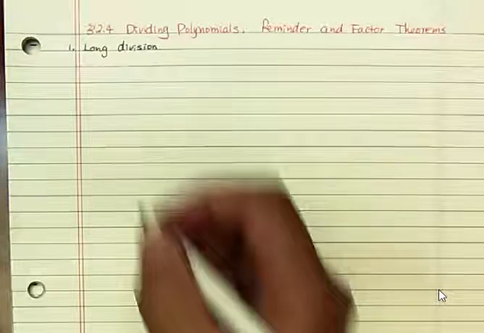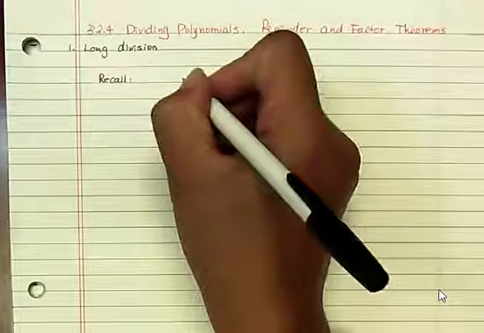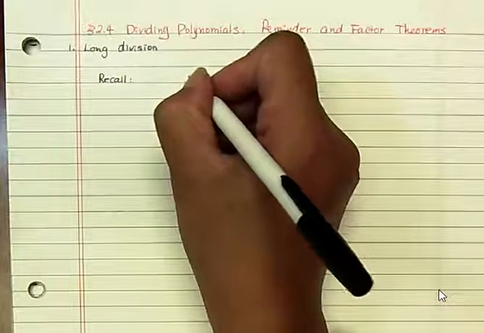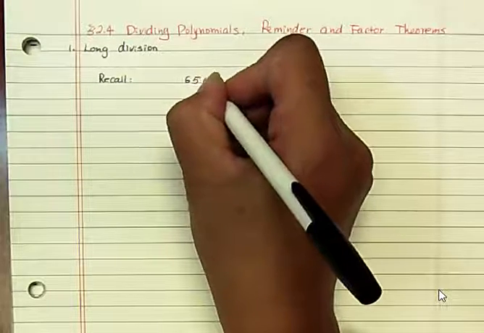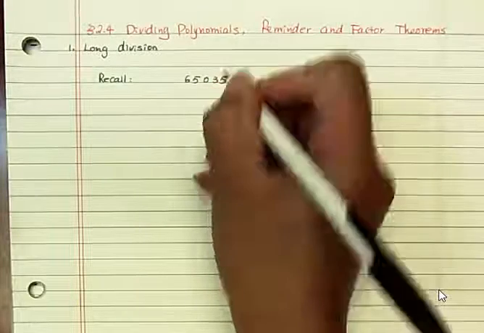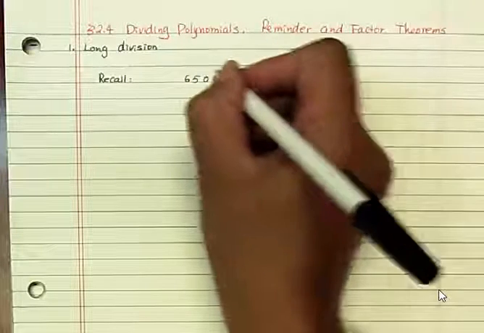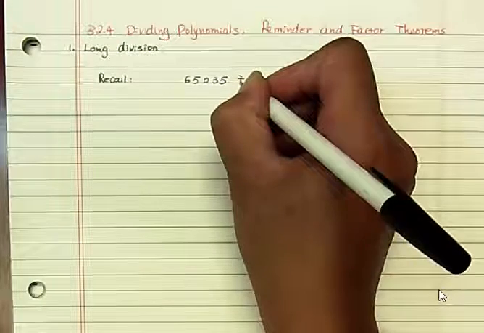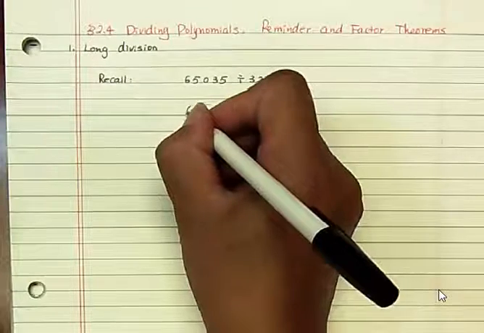For instance, let's recall how we divide numbers. Okay, 65,035, and we are going to divide by 320. Okay, so how do we divide that?